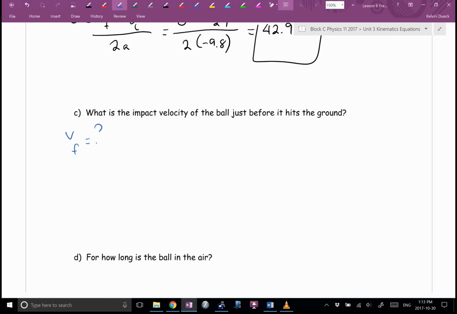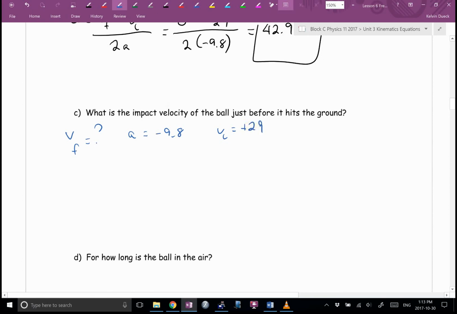What else do I know? Oh, A. Negative 9.8. What else do I know? Oh, what was VI? VI was 0?